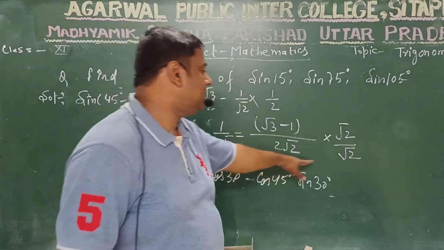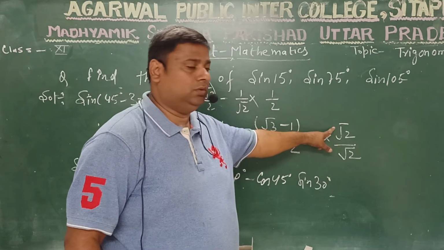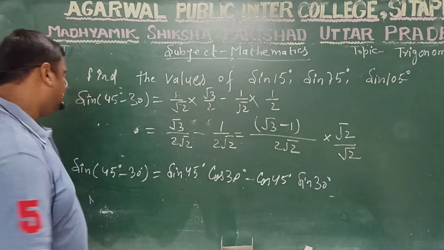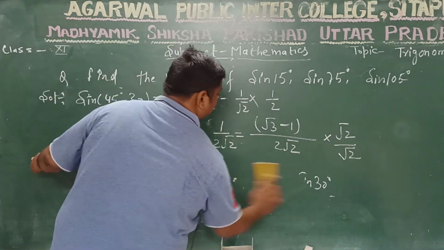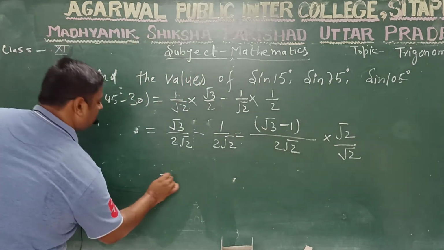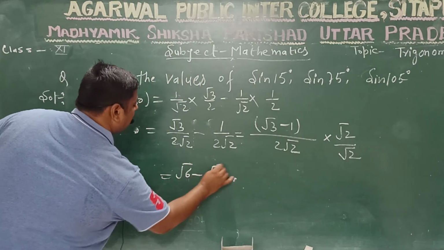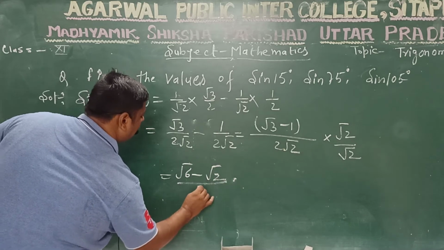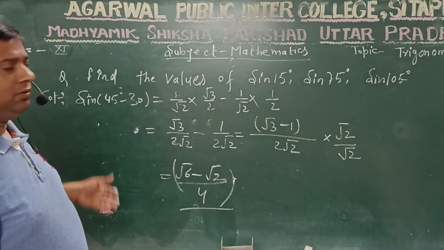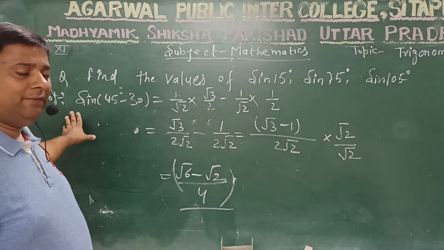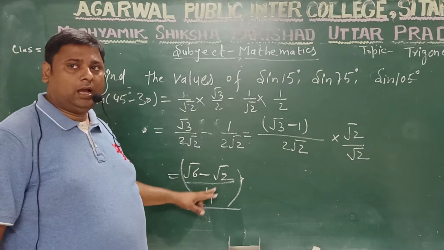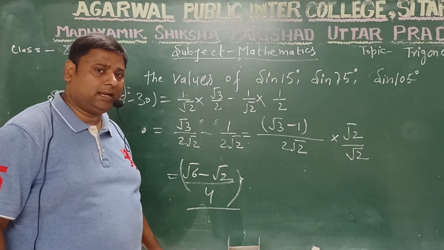Here we have rationalized by multiplying root 2 by root 2. Root 3 into root 2 gives root 6, 2 root 2 into root 2 is 4. So finally the value of sin 15 degree is root 6 minus root 2 upon 4.